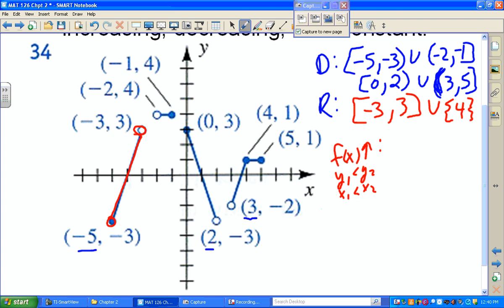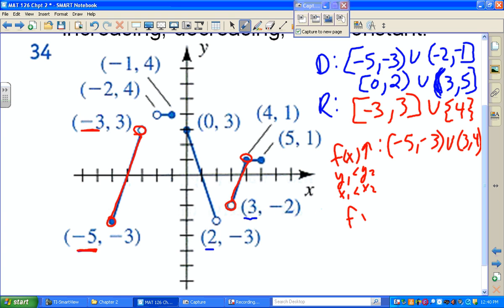So there it's increasing. And here it's increasing, going up from left to right, so to speak. So that would be -5 to -3, right? -5 to -3. Union from 3 to 4. Does that make sense? This is the second one we've done, so hopefully you get the idea.